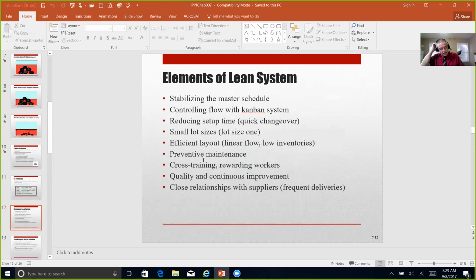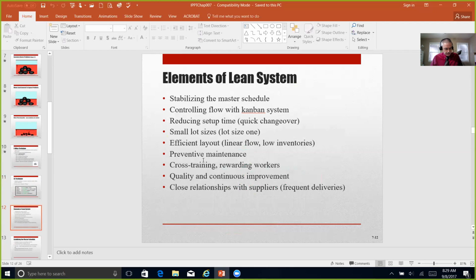It's generally not used in services because this concept is a little bit different when you talk about levelization of workers to the workload, but the concepts still apply. So the master schedule for products is to perform a uniform load, or equal amount of work assigned to each machine or to each worker. So it's really about levelizing the workload throughout a production, throughout a day, or whatever time measurement is being used.